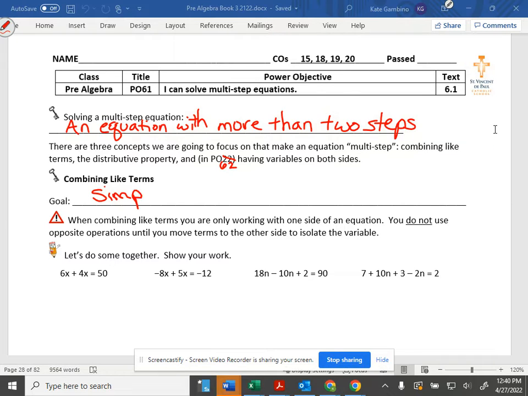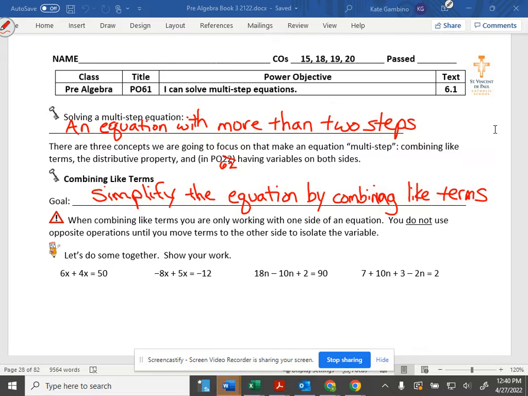So our goal for combining like terms is to simplify the equation by combining like terms. So the goal of these multi-step equations is to simplify the equation by combining like terms.